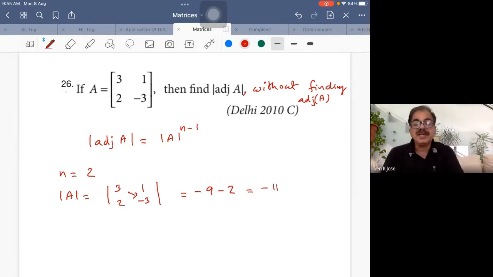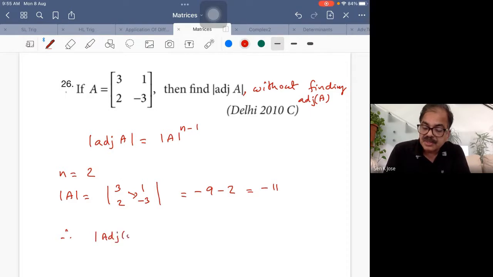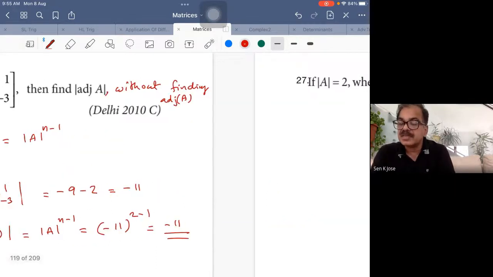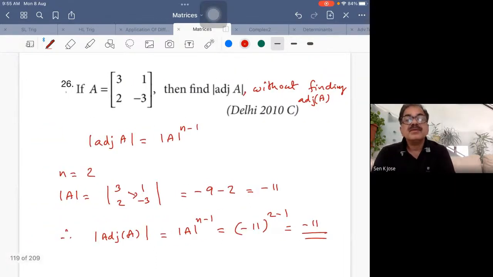That's determinant A. Therefore, determinant of adjoint of A, we did not find out the adjoint, but still we can do it: determinant A raised to n minus 1, minus 11 raised to 2 minus 1, which is minus 11 raised to 1, minus 11 is the answer. Yeah? Good.